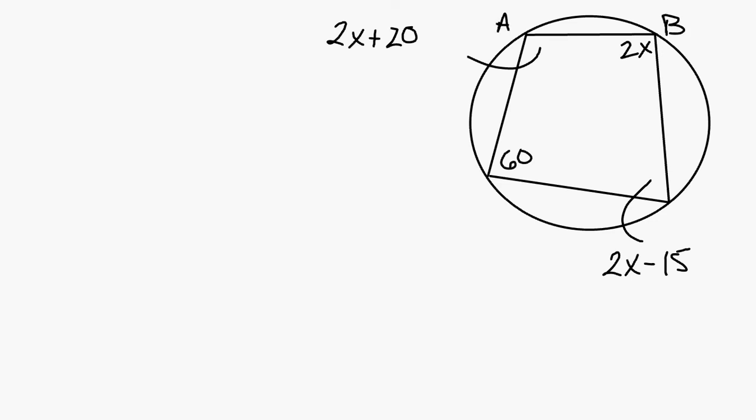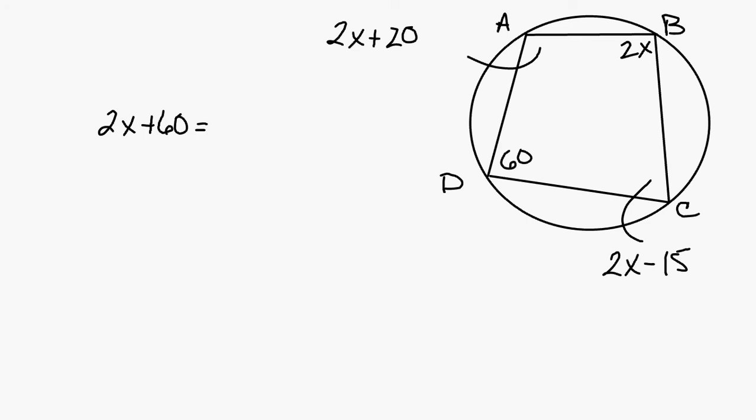To set this problem up, opposite angles are supplementary. Opposite angles are supplementary. So let's take the 2x and the 60. 2x plus 60 has to equal how much? Supplementary.